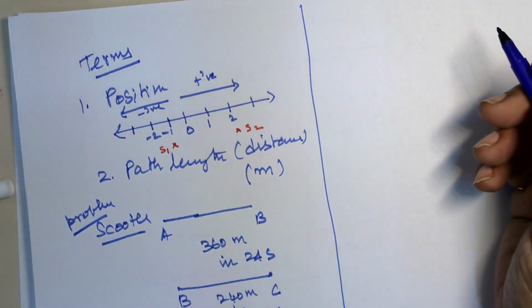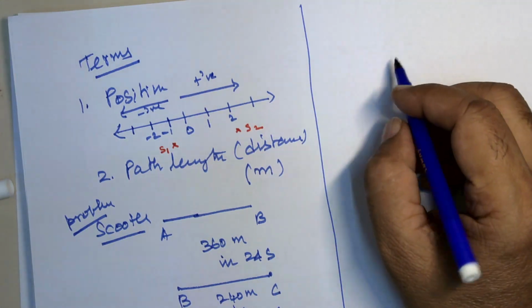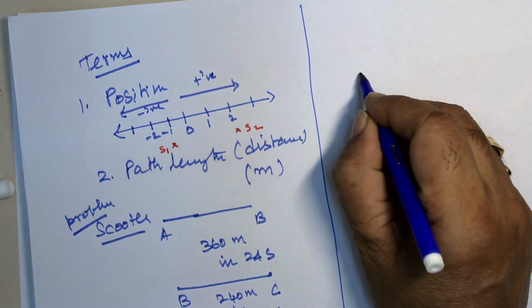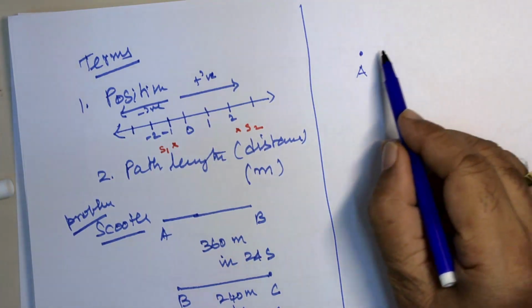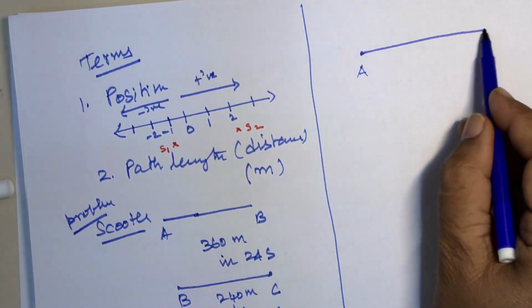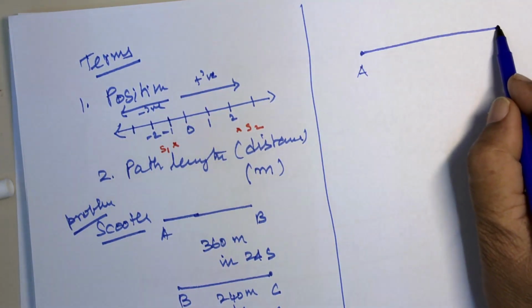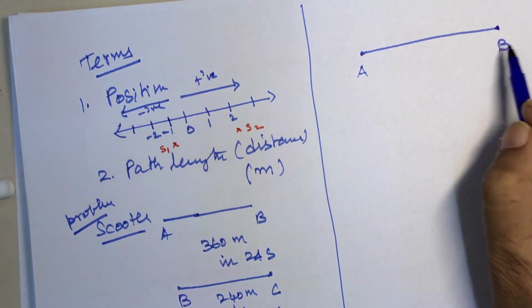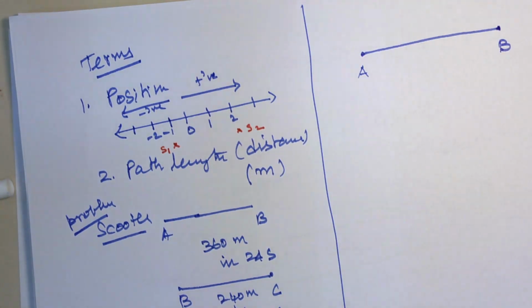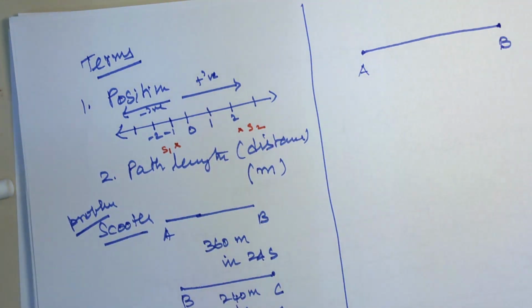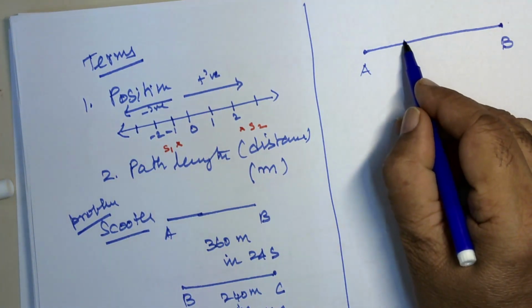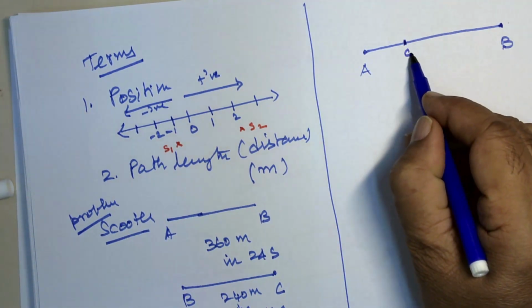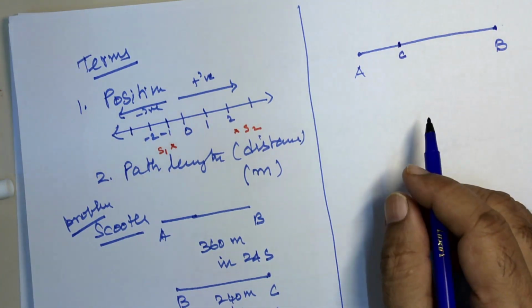Now let us visualize this with a neat diagram. He has started from A, the starting point, and he has gone 360 meter, that is point B. Then he comes back to C because C is in between A and B. So in the same straight line he has come here, that is C, right?